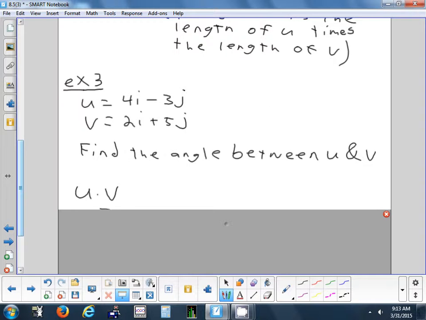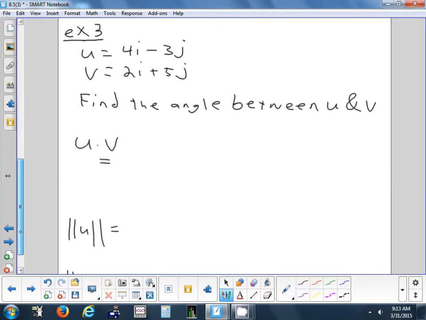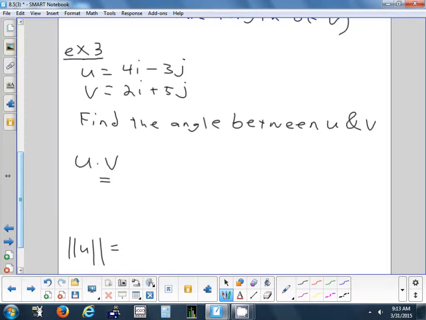All right, so here are two vectors. Let's find the angle between them. There are three things you need: the dot product, the length of u, and the length of v. Let's start with our dot product. Nick, what would be my first two numbers I multiply for the dot product of u and v? 4 and 2.